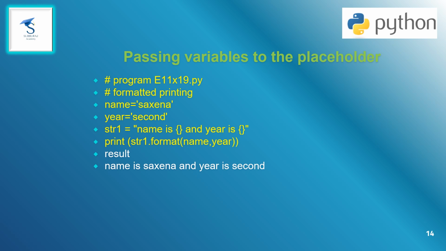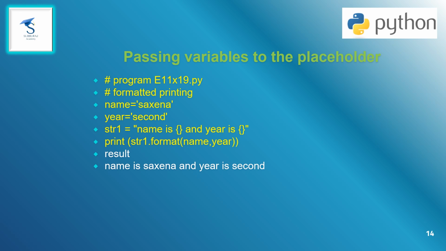Now let's look at an example program for passing variables to the placeholders. So here you have the program. The first two statements are comment statements. Then the variable name is Saxena, and here is second. Then you say str1, that's the variable. We put it within double quotes, you can also use single quotes.